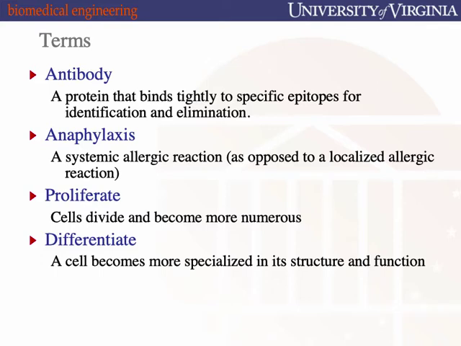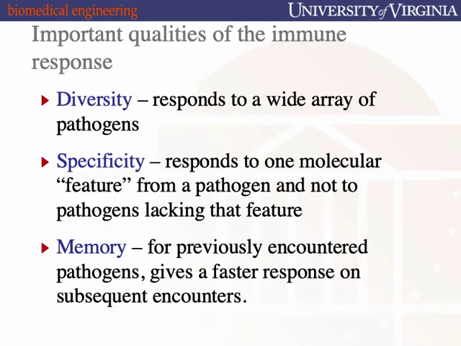Okay. All right. So let's get back to these all-important qualities of the immune response, where in the last lecture we really talked about diversity, specificity, and memory in the context of innate immunity. We want to try to focus on these aspects when it comes to acquired immune responses.